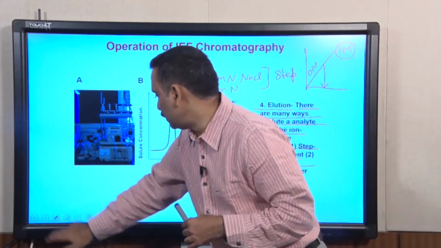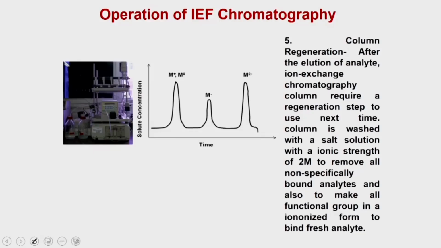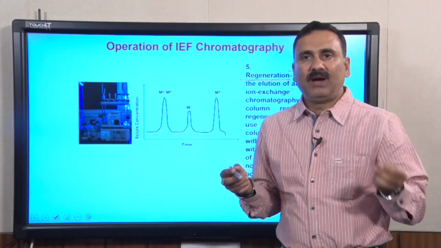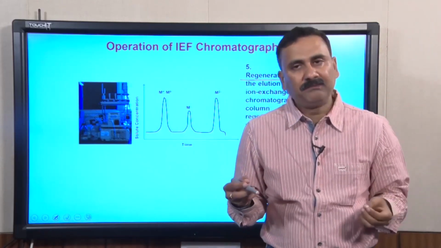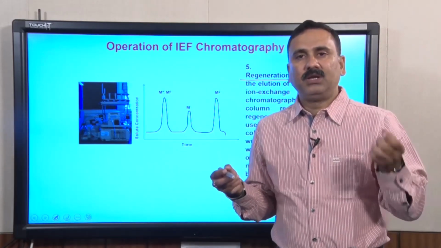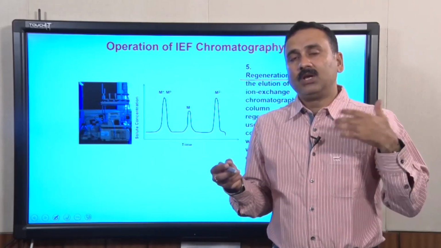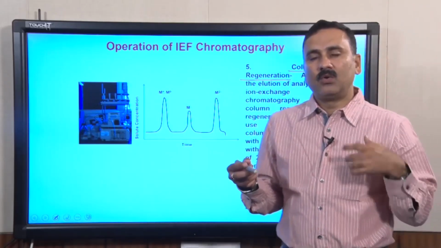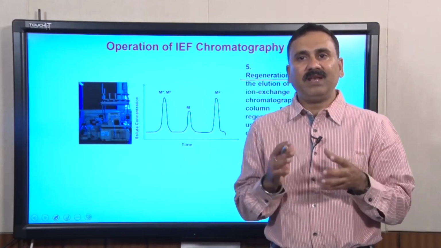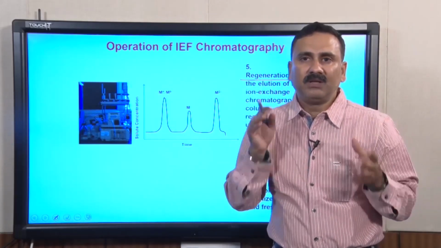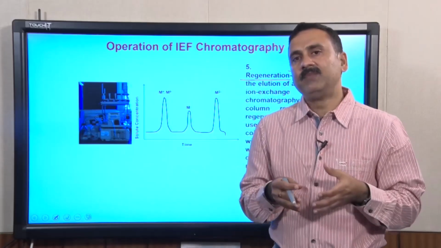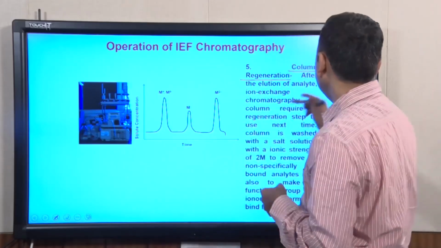Once the elution is over, you are going to do the column regeneration, because after the purification is over, you have to ensure that no material is bound to the column. In the column regeneration step, you wash the column with a very high ionic strength buffer, so that whatever material is bound to the column comes out.